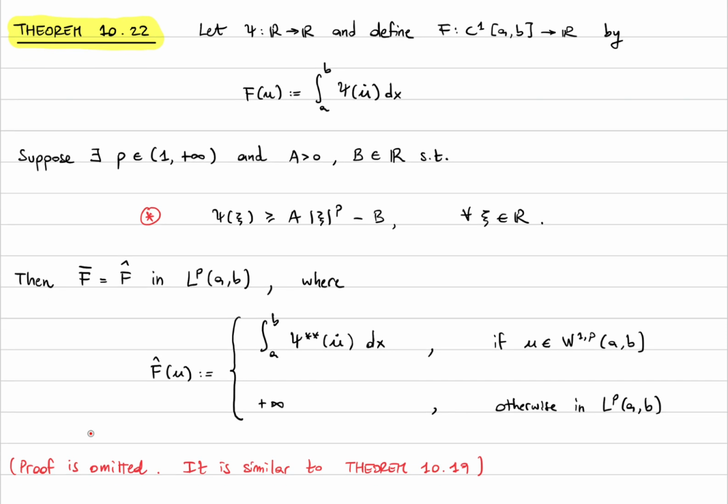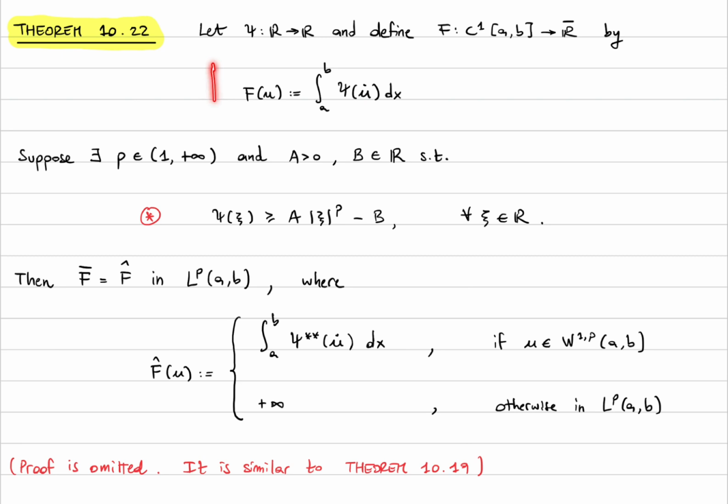And the generalization is given by this theorem 10.22. So let psi be a Lagrangian defined from R into R, and define the functional f from C1 of AB into R by setting f of u equal to, I guess, sorry, here I'm not making any growth assumption, so a priori this is with values in plus or minus infinity.